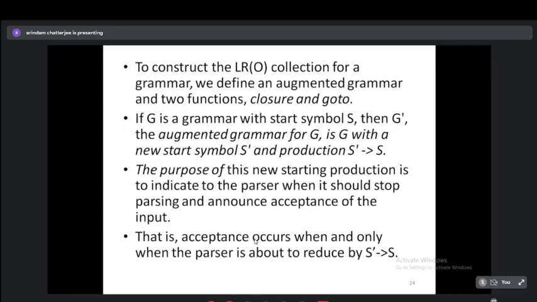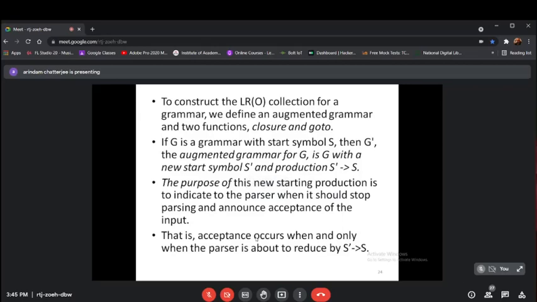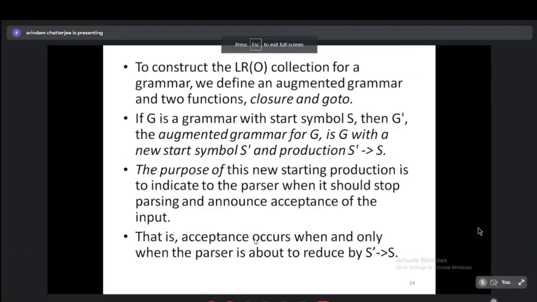So if you want to produce LR0 items, we have to do three things basically. One is define an augmented grammar. What is augmented grammar? Augmented grammar is nothing but you have a start symbol S, you add another new start symbol S prime, and add the production S prime producing S. The inclusion of this additional rule will be clear as we go forward.